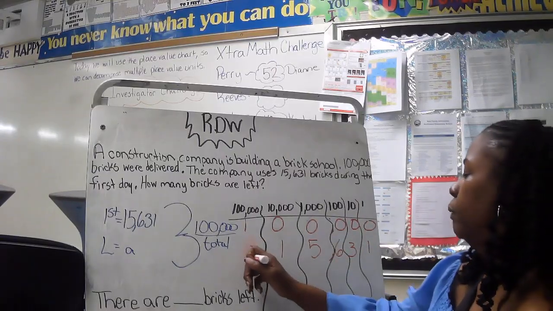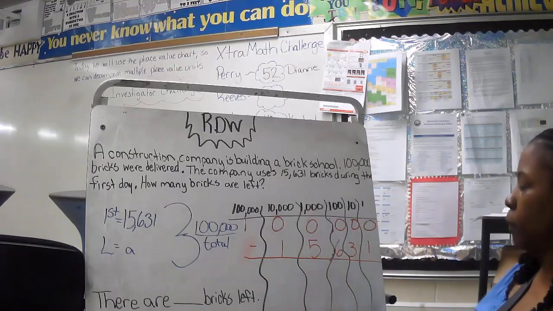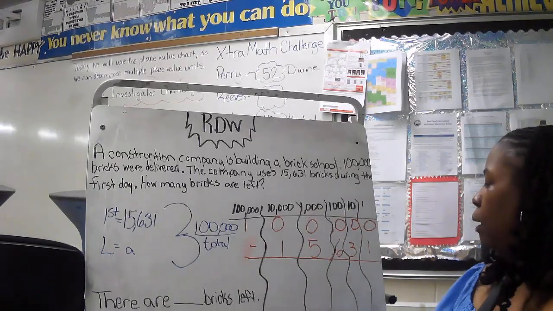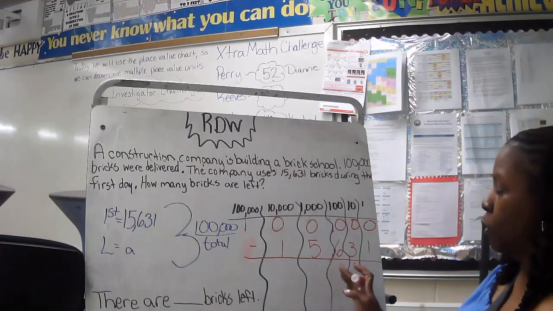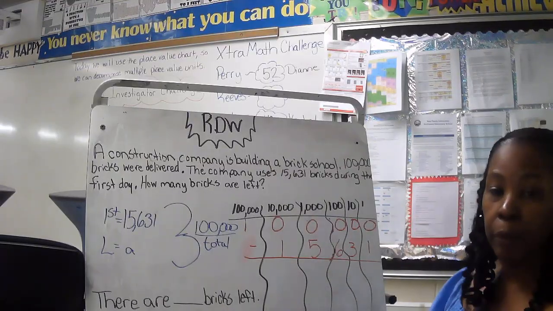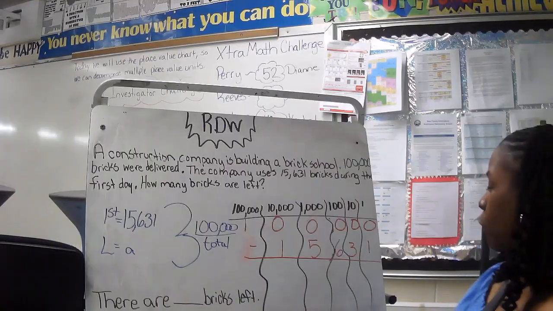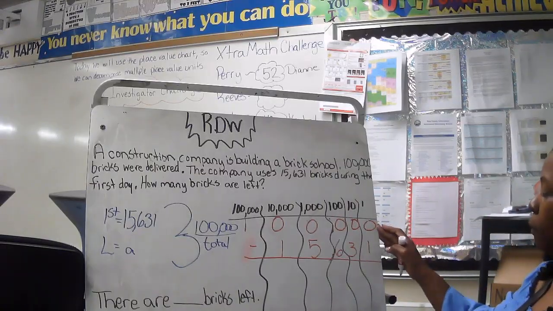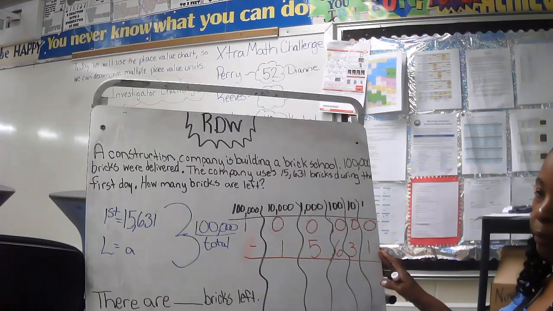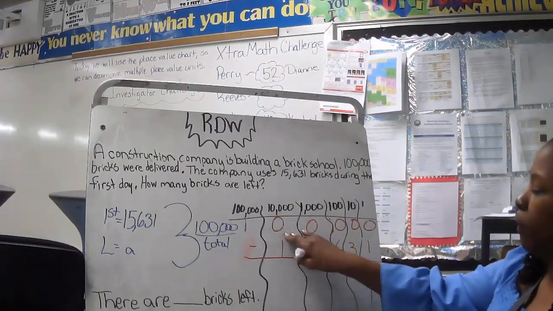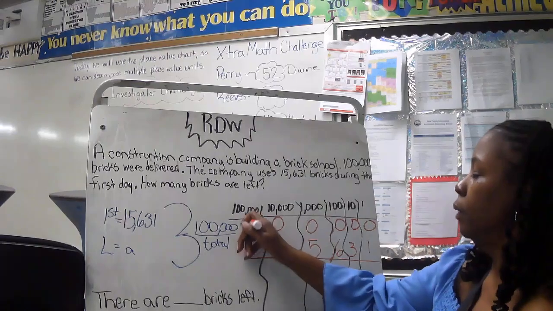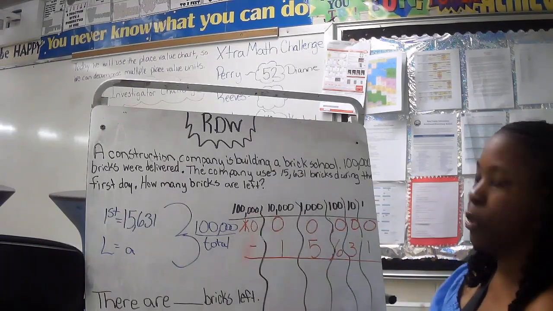I'm going to subtract. Because we started with 100,000, we used 15,631, and whatever's left, once we subtract the difference, that will be our unknown, our L. Okay, so again, is 0 bigger than that 1? No, it's not. So look, I have to go all the way over here. And this 1 is going to become 0. We just borrowed 1 from it.